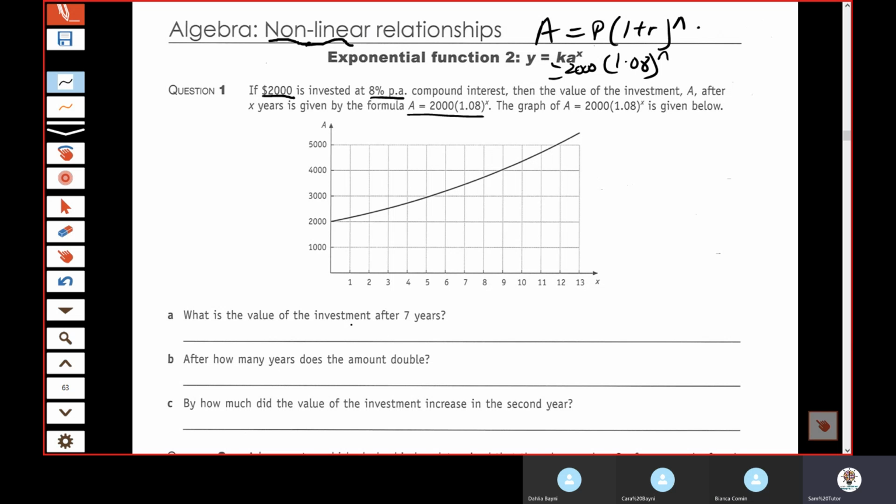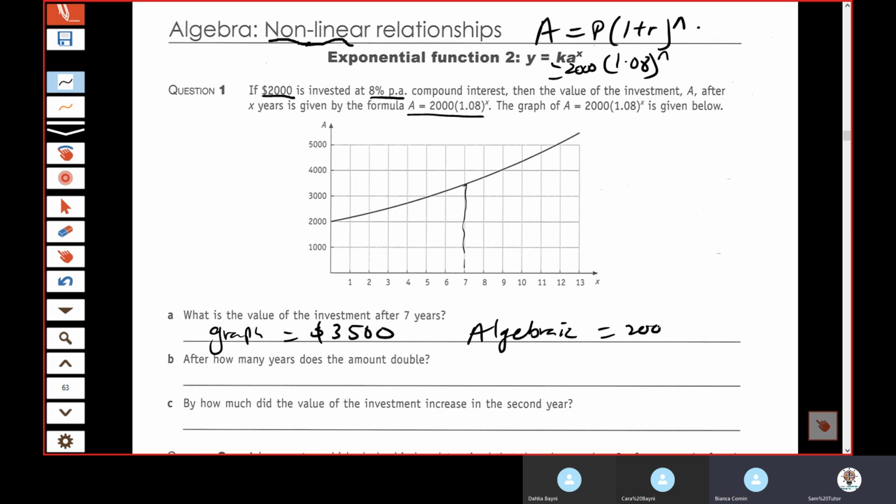Cool. What is the value of the investment after 7 years? Well, if you're going to use the graph, it looks like it's about, I'm just going to say 3,500. Graph, 3,500. But I am going to show you how to do it if it wasn't graphical. If it was algebraic, you're just going to sub it in.